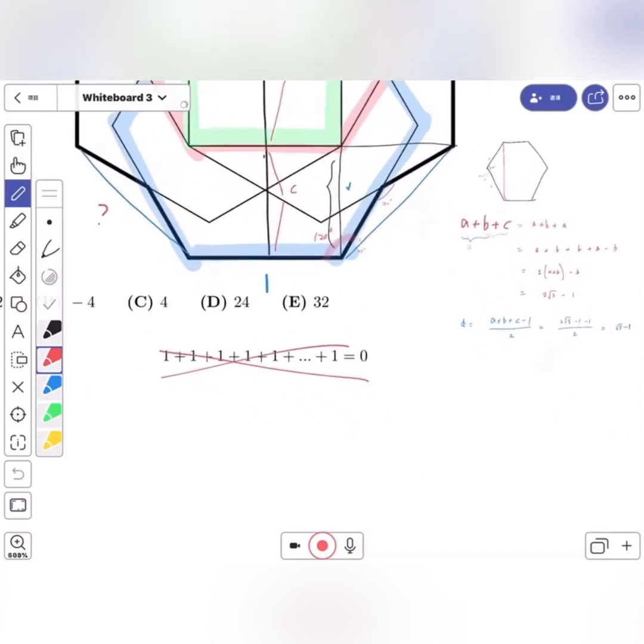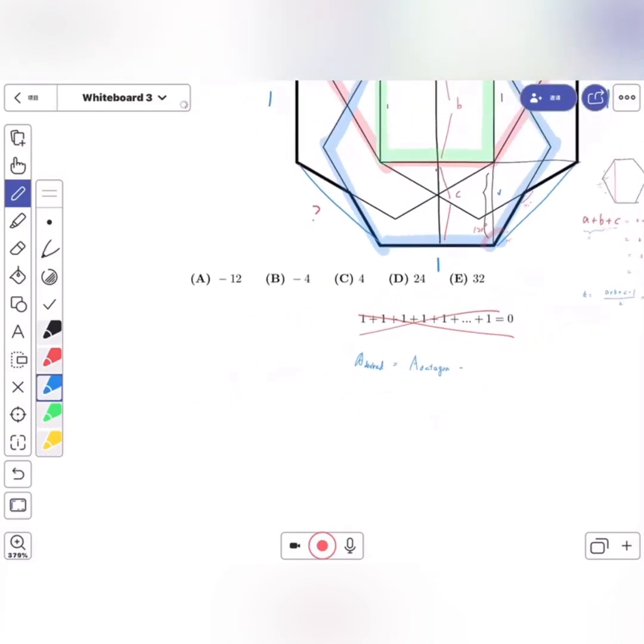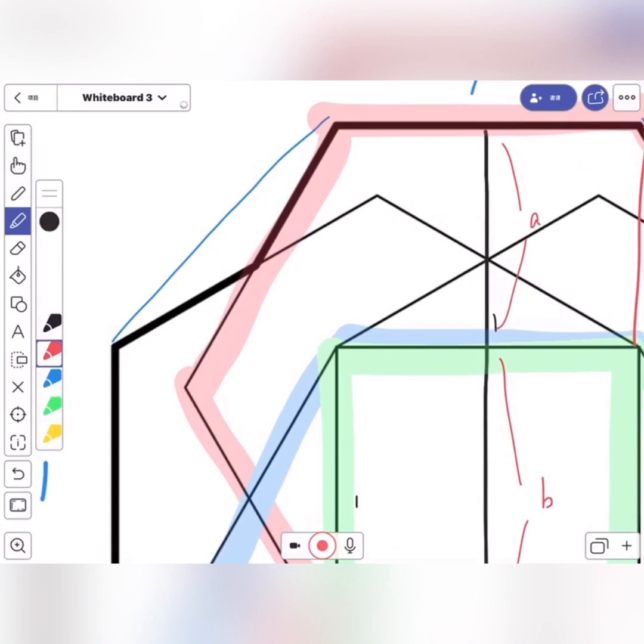So now we're going to find that the area desired is equal to the area of the octagon. But we have to subtract the area of these 4 tiny triangles, because remember we added these 4 triangles to form the octagon.